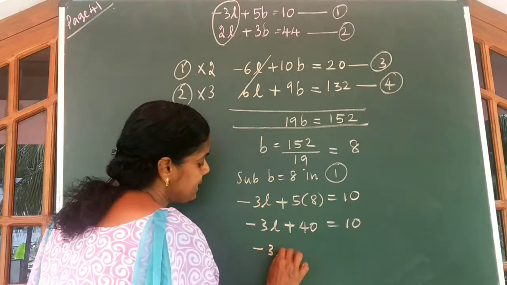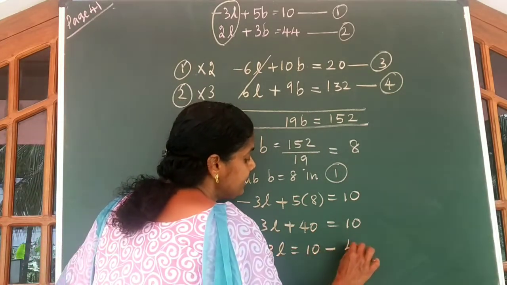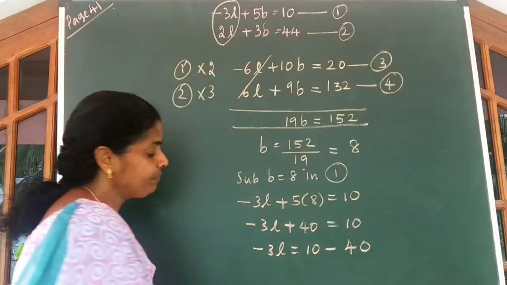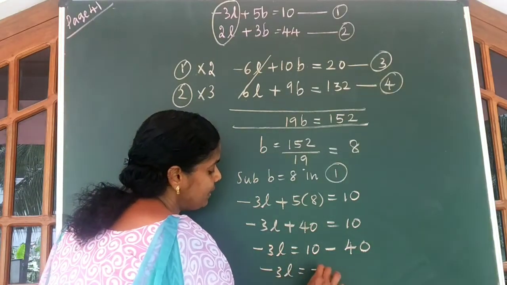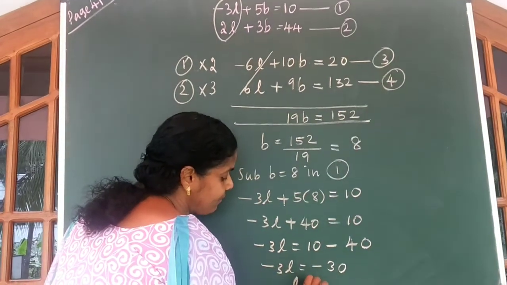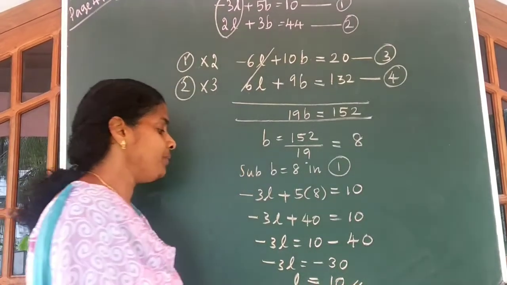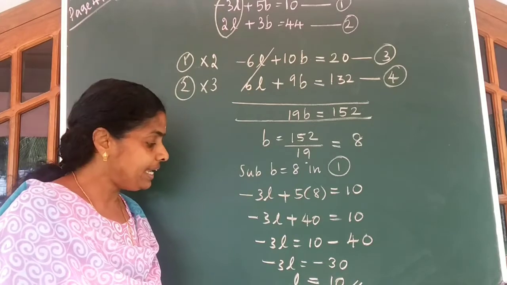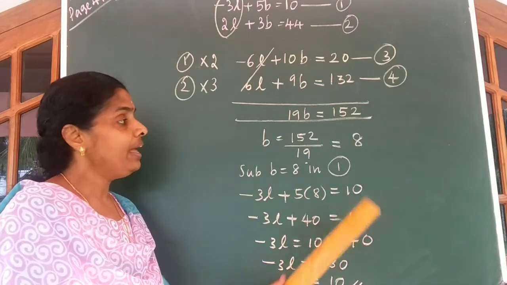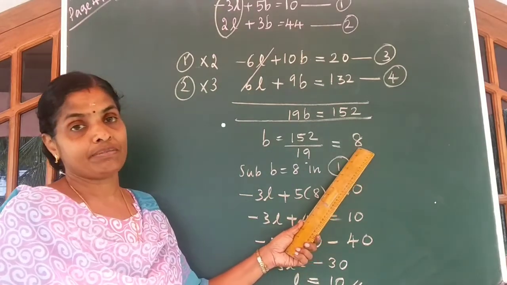That is minus 3L is equal to 10 minus 40. Minus 3L is equal to minus 30. Therefore, L is equal to 30 by 3, which gives you 10. So our length is 10 meter and breadth 8 meter.